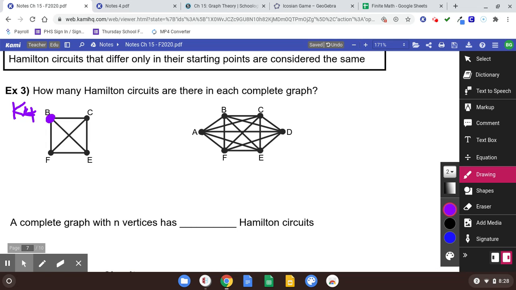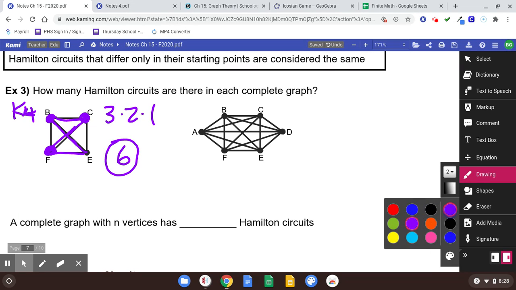If you started at that point, point B, then you would have 1, 2, 3 choices for where to go from the start. 3 choices, and then you've got 2 choices to get to the next spot. You pick one and you go here, and then at that point you've got to go here. You've only got 1 choice, and then you've got to go back. Okay? There are 6 different possible Hamilton circuits for that K4.